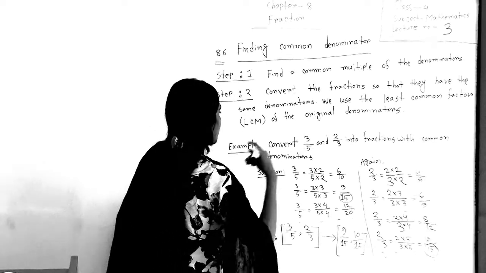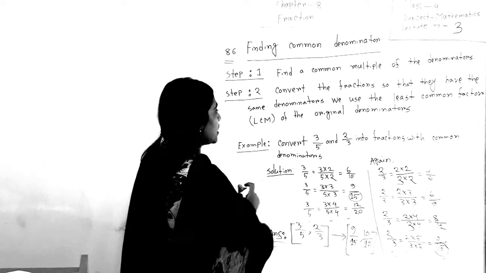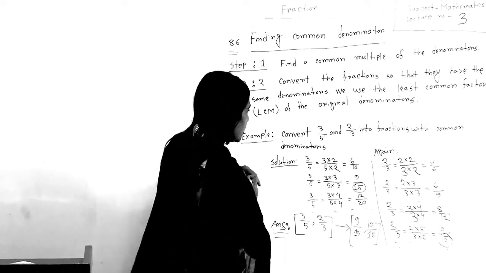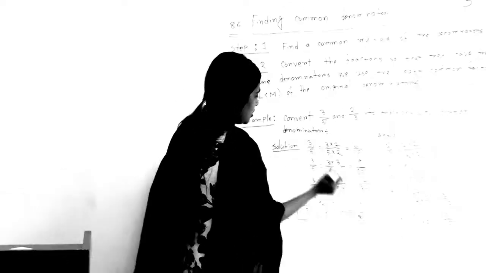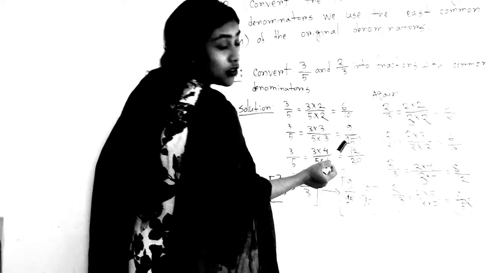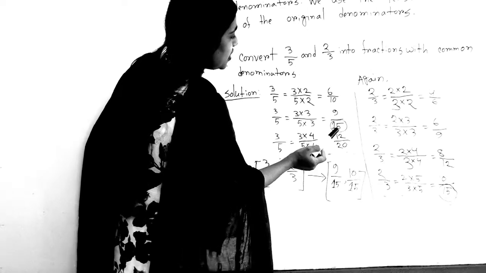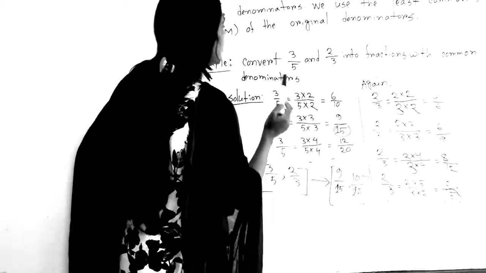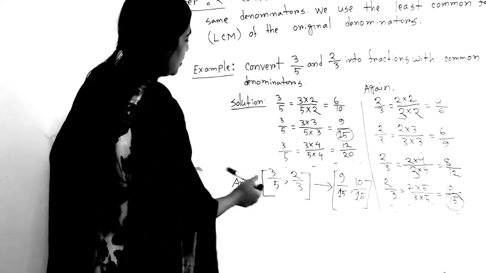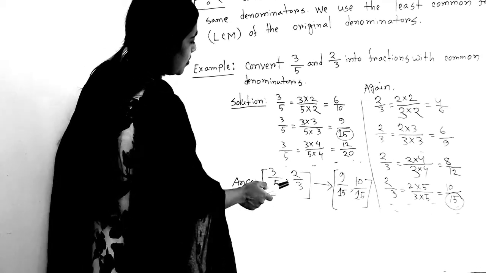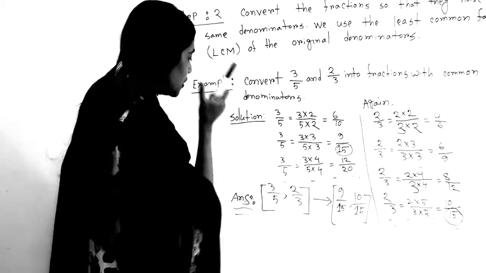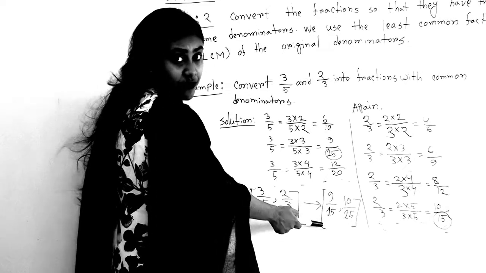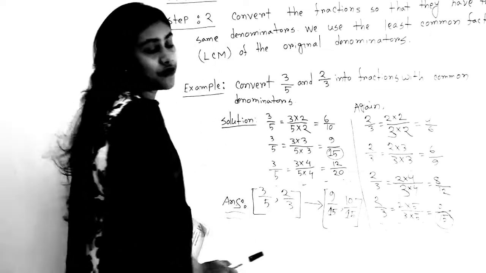Here, in the question, it is said that convert it with common denominators. Here 15 is the common denominator between the two fraction number, that is 3 divided by 5 and 2 divided by 3. So answer is 9 divided by 15 and 10 divided by 15.